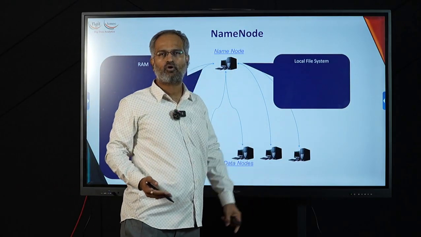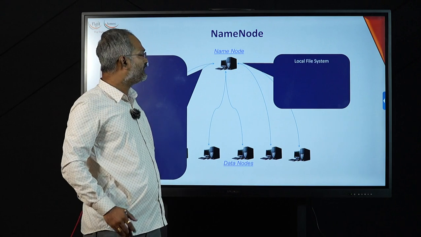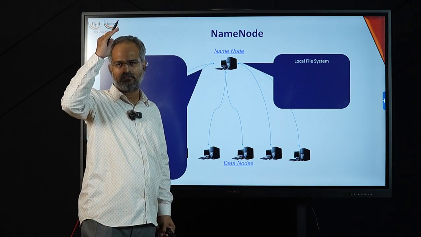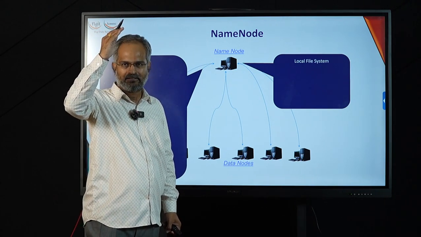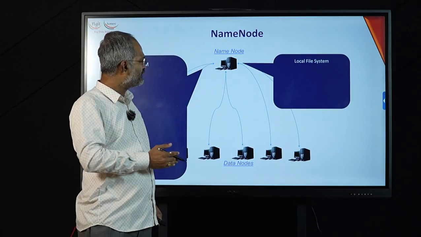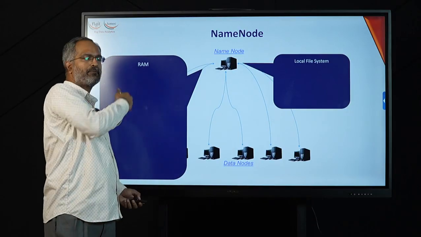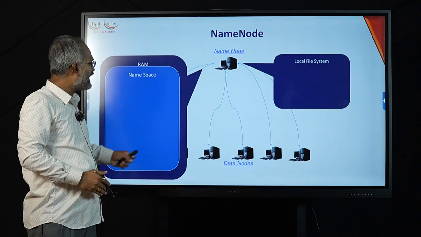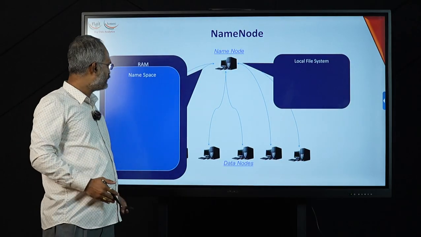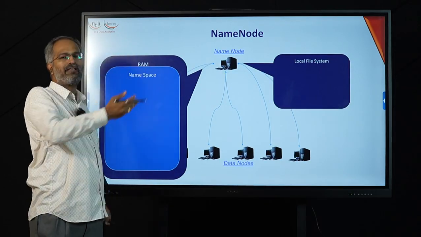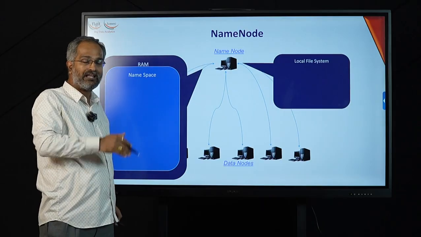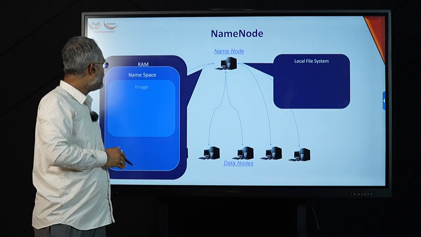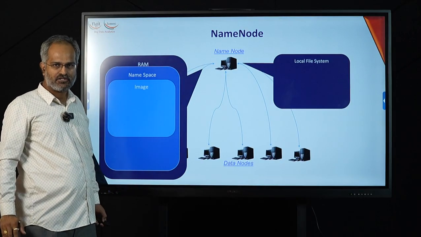Whatever we have seen, that namespace, will be stored in the RAM. The entire namespace will be maintained in the RAM only, in the NameNode. And how is it maintaining the namespace? It is in the form of the image.